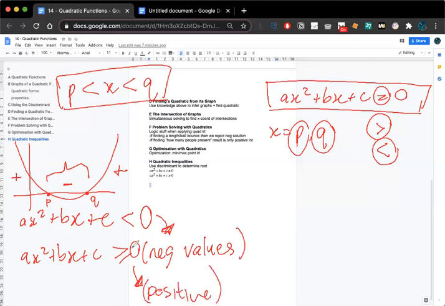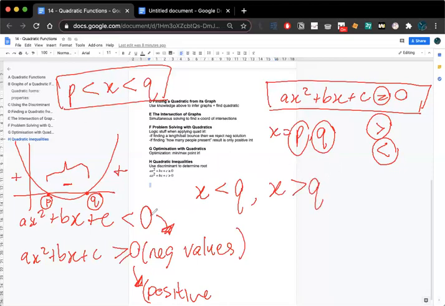So this is essentially asking for which values are bigger than 0, or which values are positive. And therefore, if we have these as its roots, then we can say that x is smaller than p, or x is bigger than q.